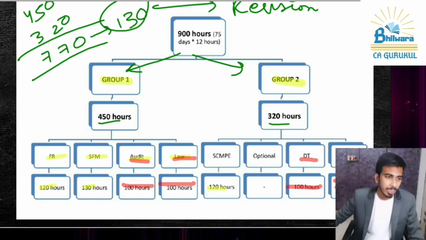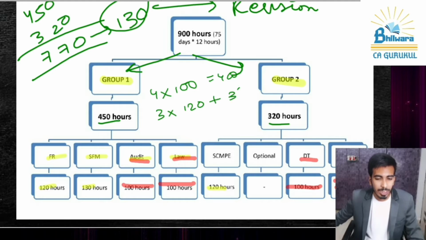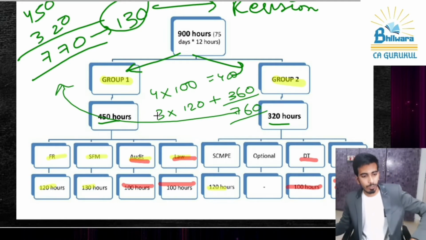So these 4 subjects should be 100 hours, and 3 subjects should be 120 hours. So that is roughly 400 hours plus 360 hours, that is roughly 760 hours.